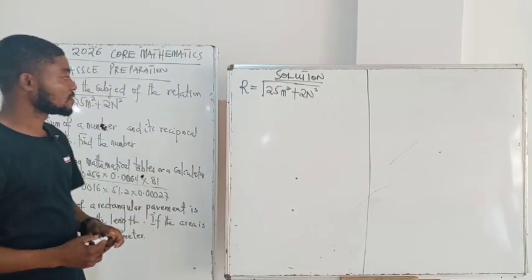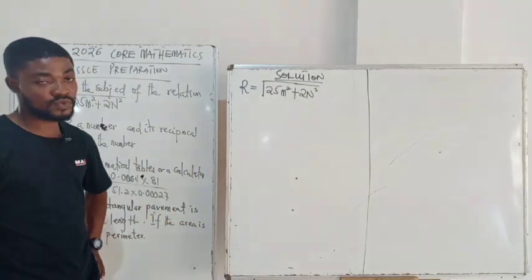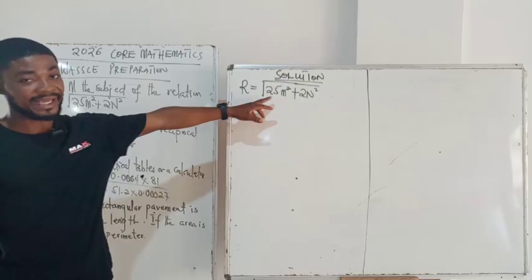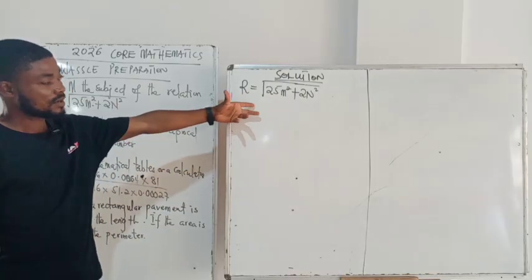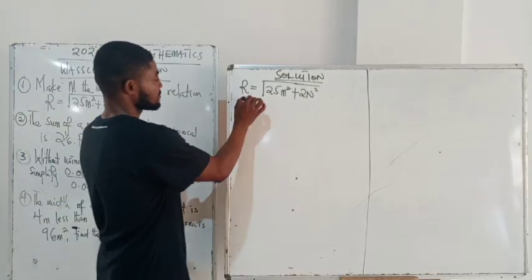So r is equal to the square root of 25m squared plus 2n squared. And then we are supposed to make m the subject. And then there's a square root. So first of all, let's square both sides.